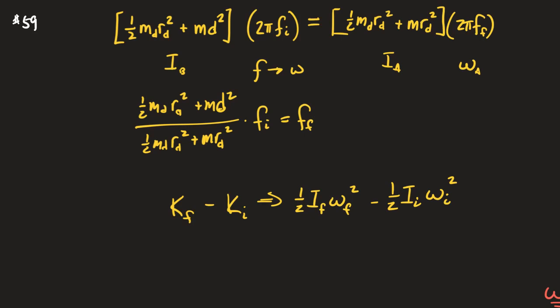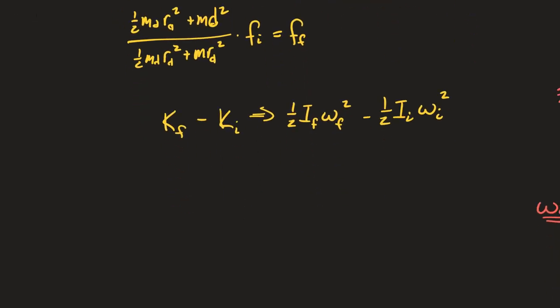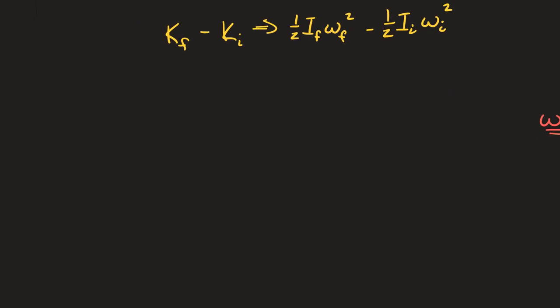Are you sure you're ready for this? All right. Here we go. I'm going to need some space. So here's the space. 1/2 I final, and that's the moment of inertia of the disk and the bug at the edge of the disk.